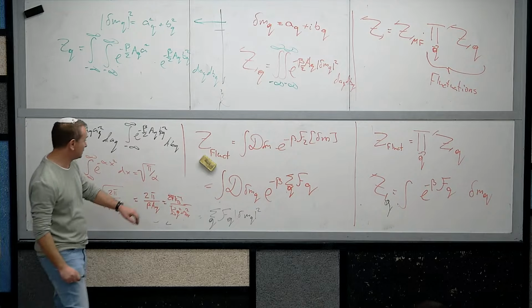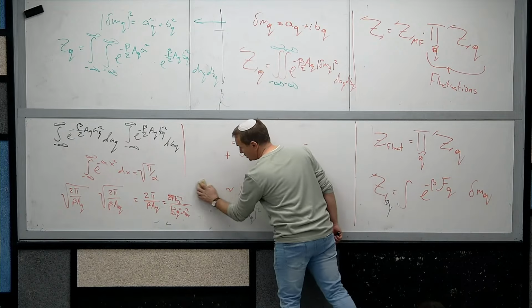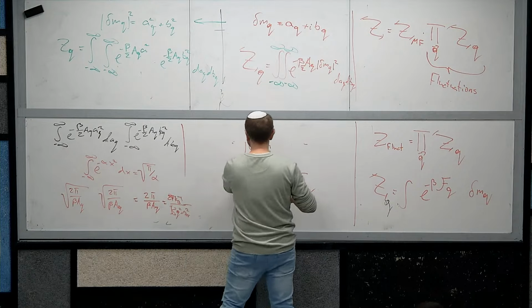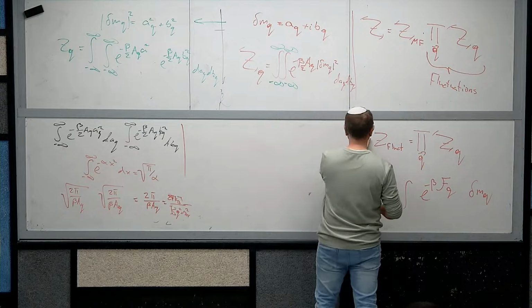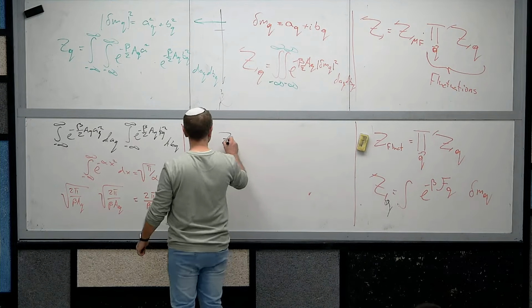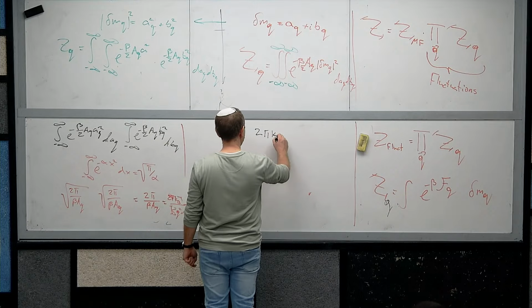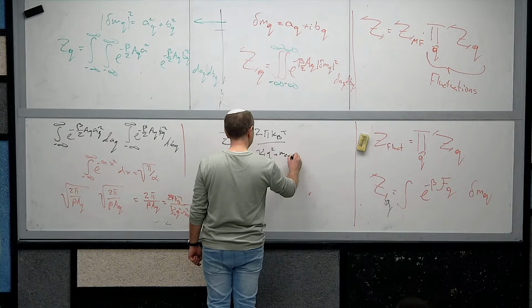Very nice. So we compute Z_Q equals 2 pi k Boltzmann T divided by kappa Q squared plus M effective squared.